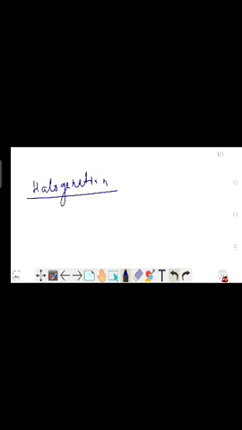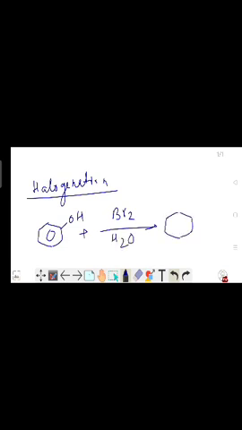So halogenation of phenol occurs in absence of a Lewis acid. So when phenol reacts with bromine water, then it directly transforms into 2,4,6 tribromophenol.